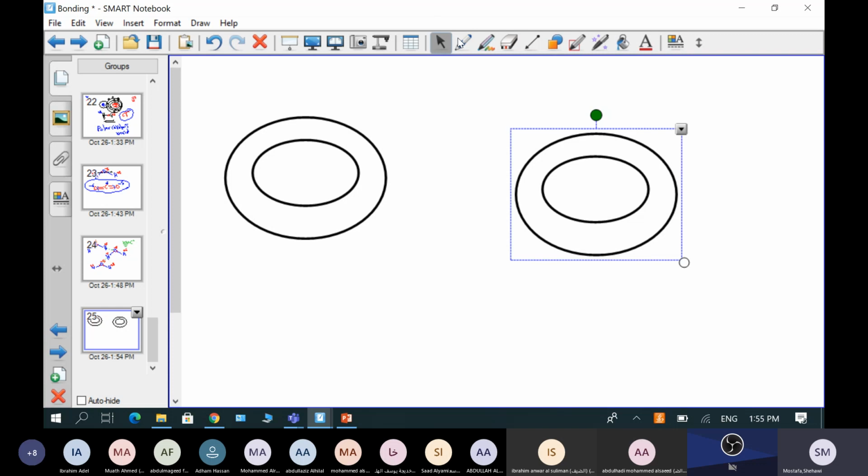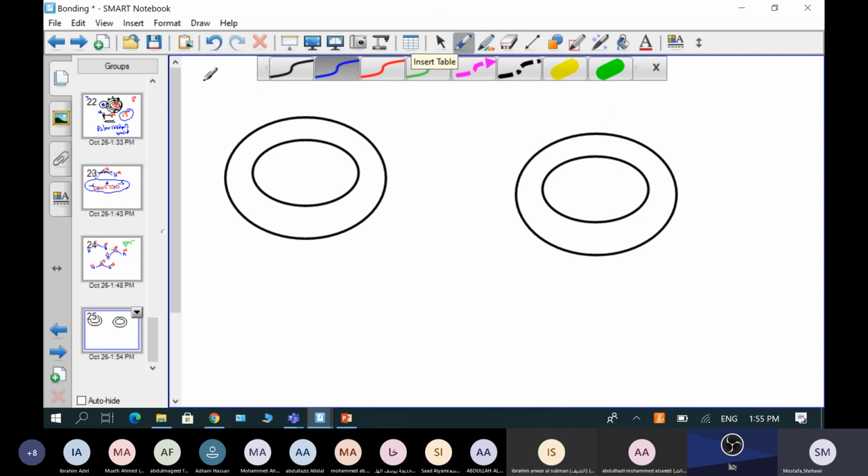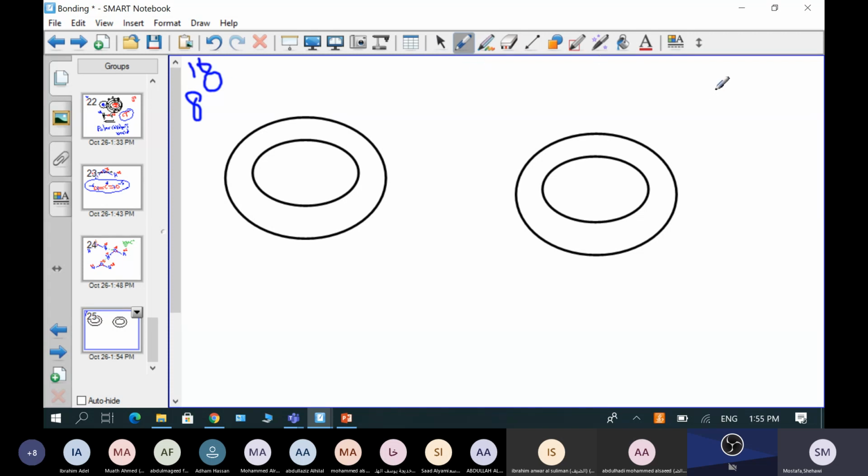This is one oxygen atom, O, atomic number 8, mass number 16. And this is another oxygen atom, O, 8, 16. In the middle here, you will have the nucleus. Inside the nucleus, you will find the protons and the neutrons, as you know.